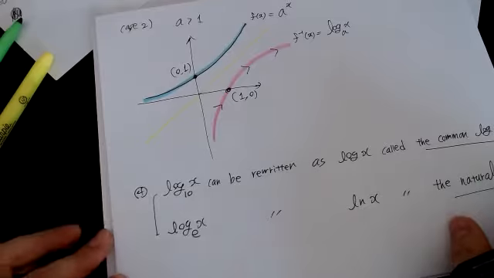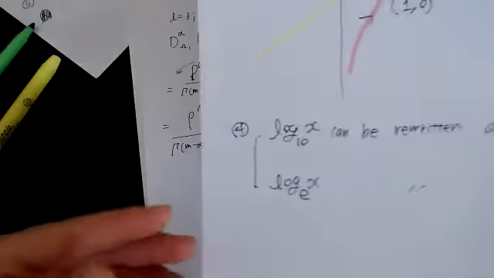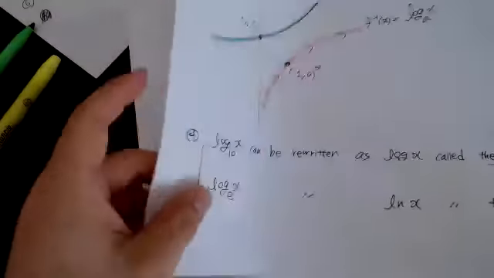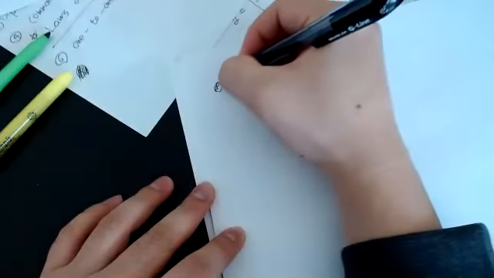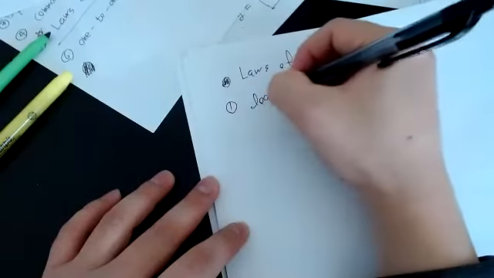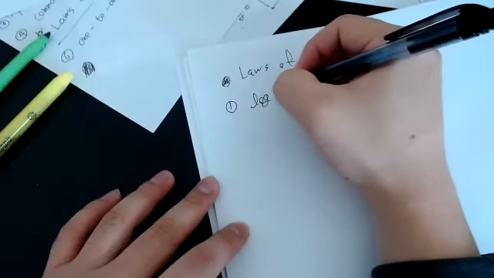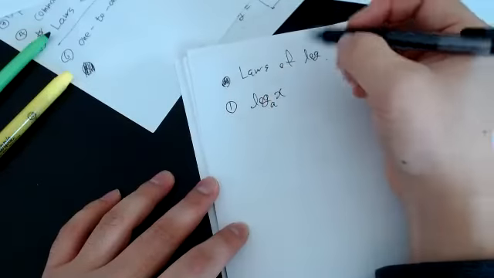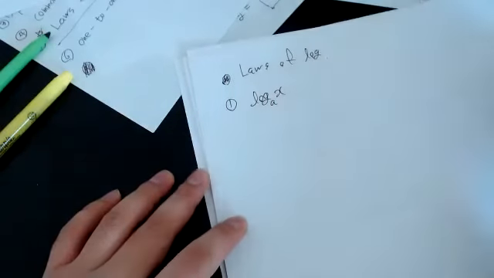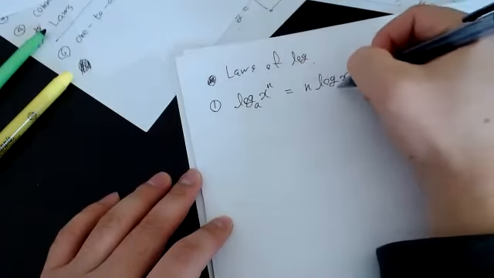So now laws of log. First one is log of x to the n power, base a, is equal to n times log of x to the base a.